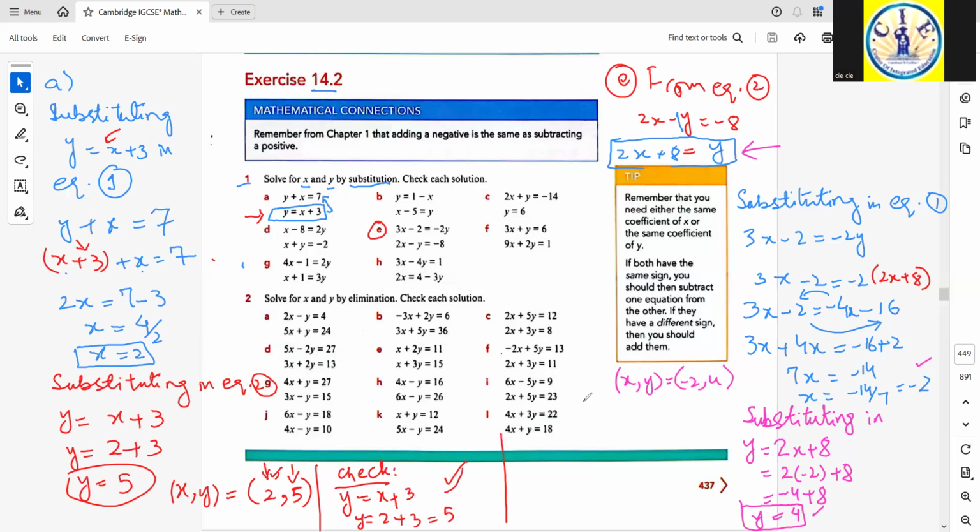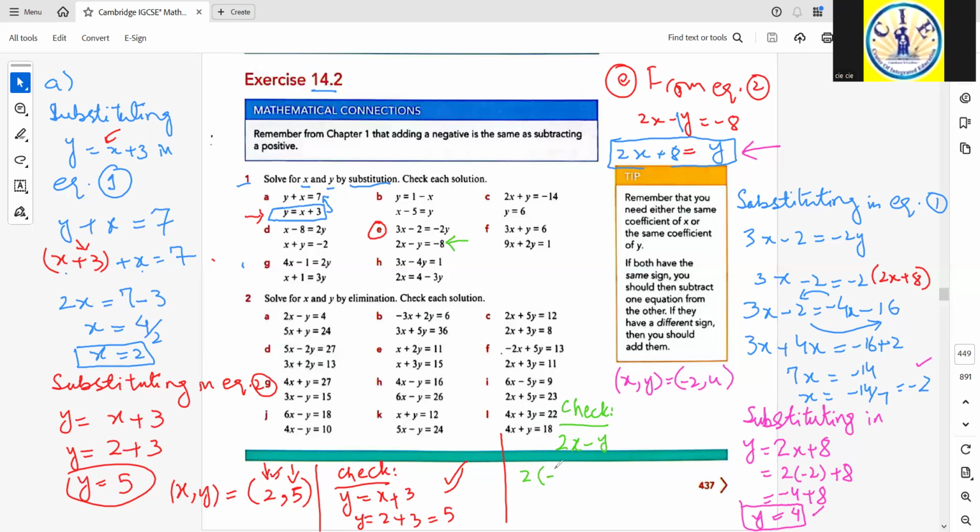Similarly, we can check this one out as well. It is not necessary which of the equations we replace the value in. We can replace this value in any of the two equations. So let me replace it in equation number 2. 2 times x minus y.